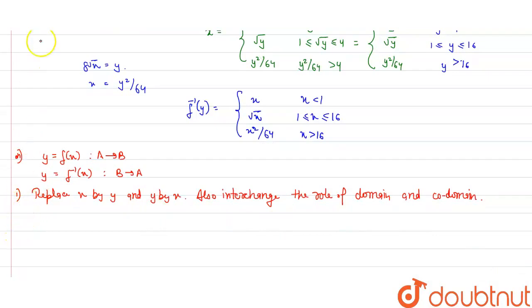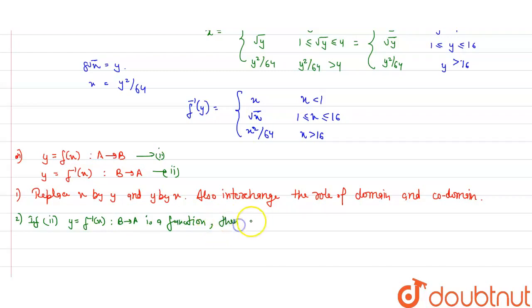Writing the second step here: if y equal to f inverse of x from B to A is a function, then the inverse exists, else the inverse doesn't exist.